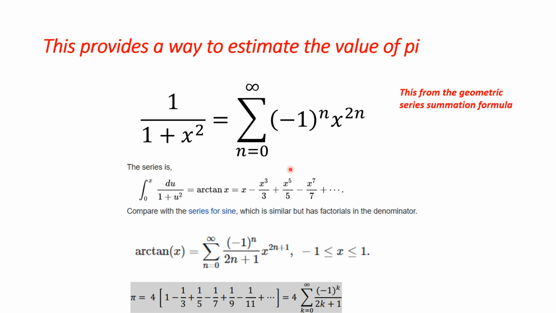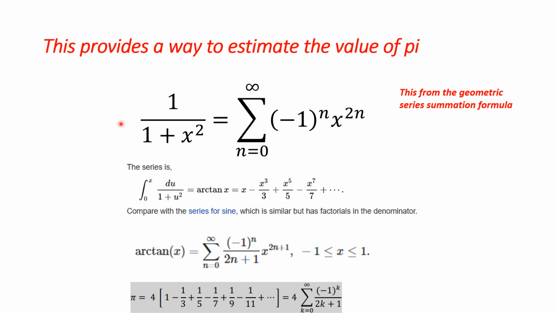Now then, this is going to be the summation of the r squareds, and so this can be shown by doing that, 1 minus negative x squared, that this ends up being the geometric series for this. So it is an alternating series, and this is x to the 2n.